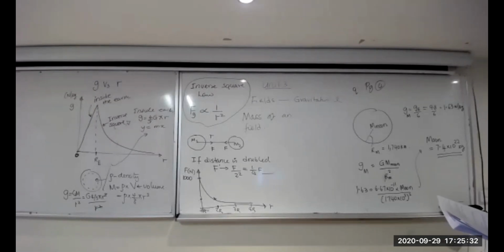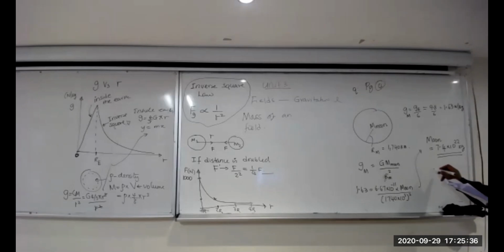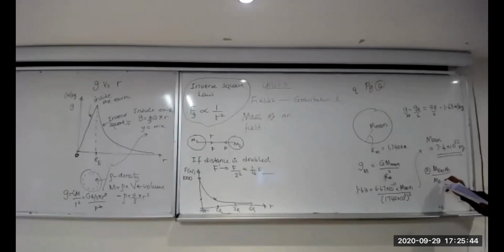They're asking what's the ratio of the mass of the Earth versus the mass of the moon. So for question number 2, mass of the Earth over mass of the moon. Put the numbers in: 5.98 times 10 to the power 24 over 7.4 times 10 to the power 22.